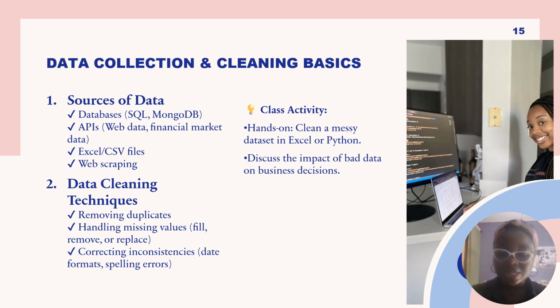Then you make sure you remove your duplicates, especially when you are trying to check for unique values, and analyze and structure the data where you want. Then you have to correct inconsistencies like the date format, spelling errors, the data types, and so many others.